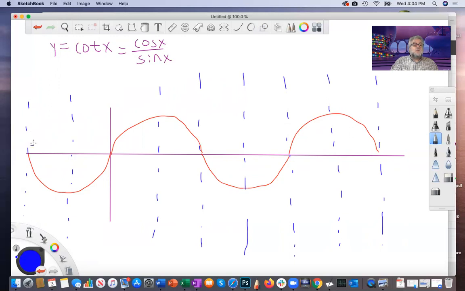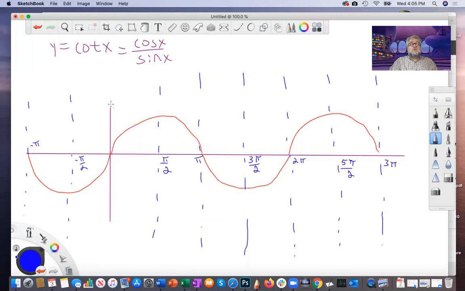So this is minus pi, minus pi over 2, 0, pi over 2, pi, 3 pi over 2, 2 pi, 5 pi over 2, and 3 pi. Okay.